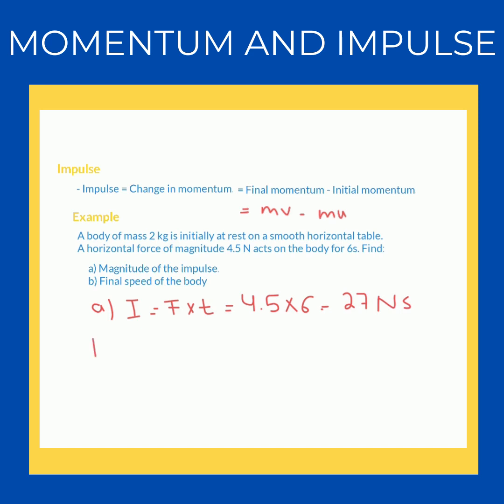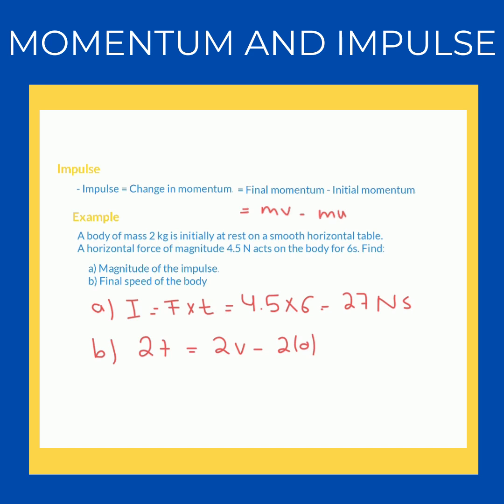In part B, I have to find the final speed of the body. So the impulse, as found in part A, is equal to 27. This impulse is equal to the change in momentum, which is m, the mass, 2 times v, the final speed, minus the mass times the initial speed, and here, since the body was initially at rest, u is equal to 0.